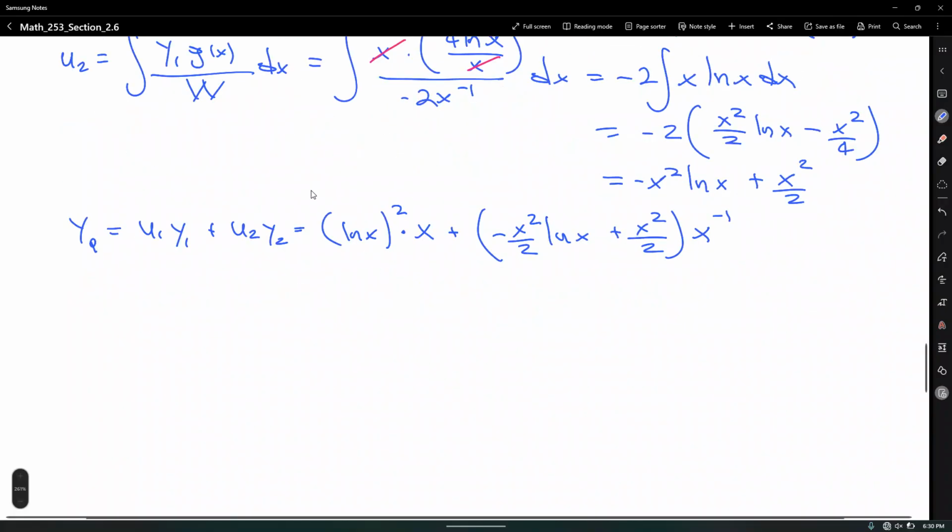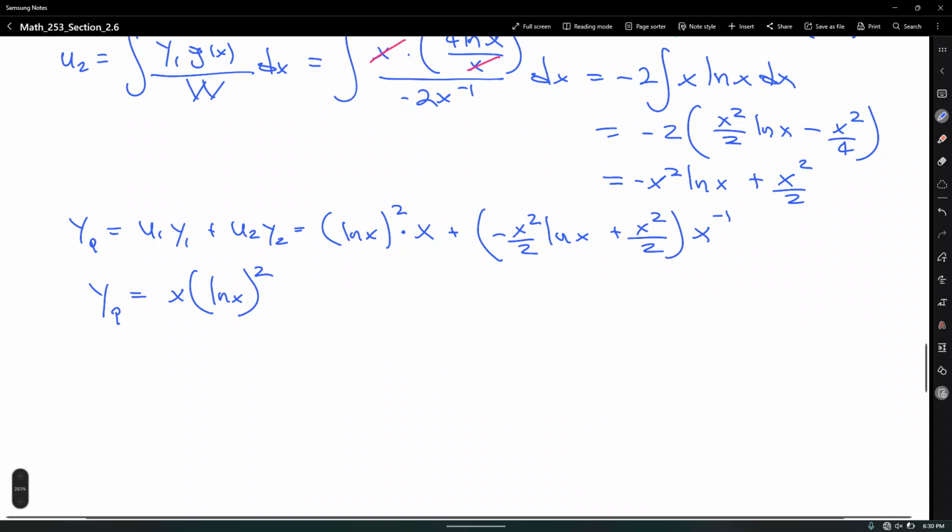Okay, what do we do next? Y sub p equals x times ln of x quantity squared. Over here, check this out: x squared times x to the negative 1, subtract 1 from the exponent.